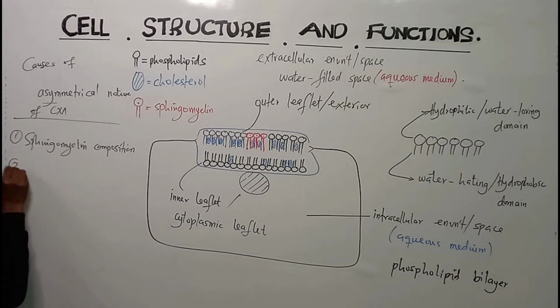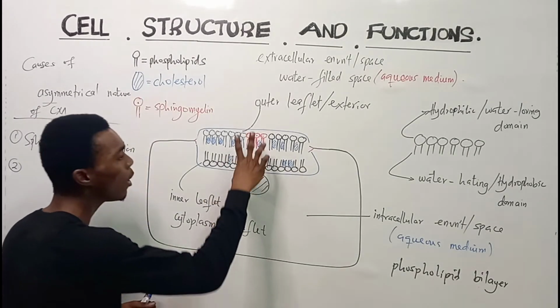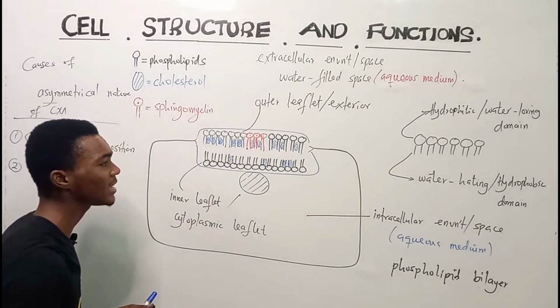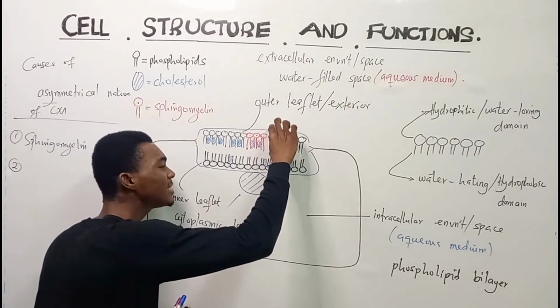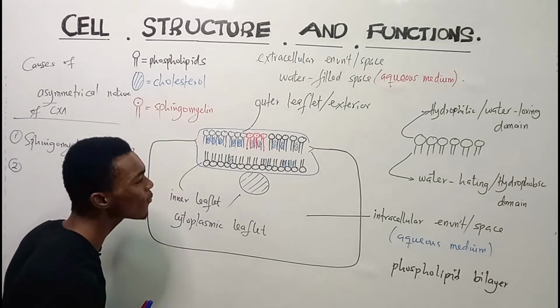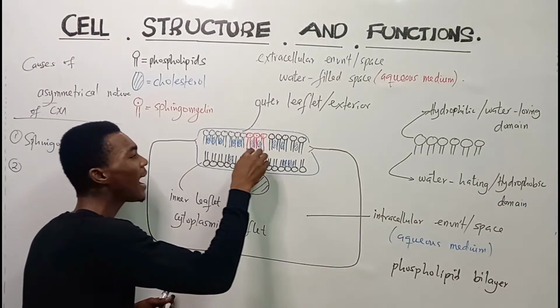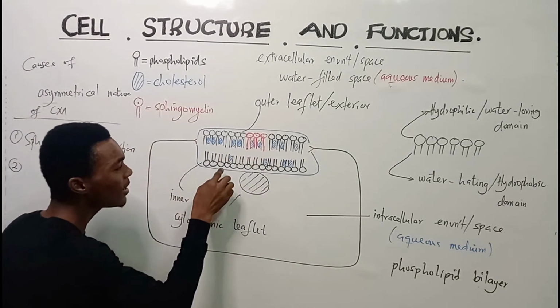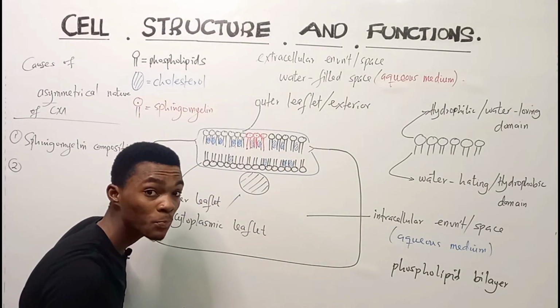What are the other reasons? Again, let's come back to our typical open up cell membrane structure. Take another close view at it. Compare the outer leaflet with the inner leaflet. Can you count the number of cholesterol molecules that you can see? Just count the number of cholesterol in the outer leaflet and compare to the cholesterol molecules that can be found in the inner leaflet. Are they the same?